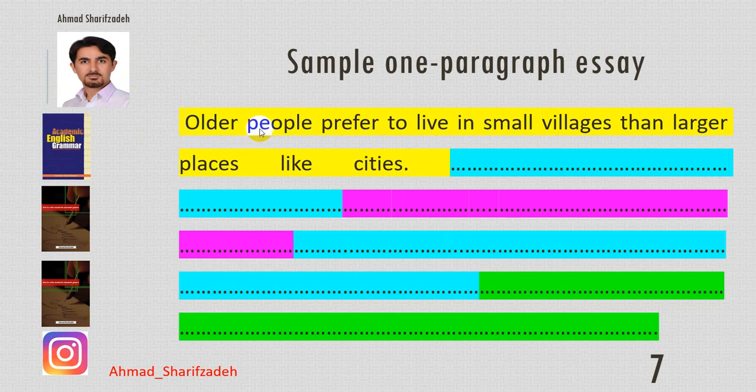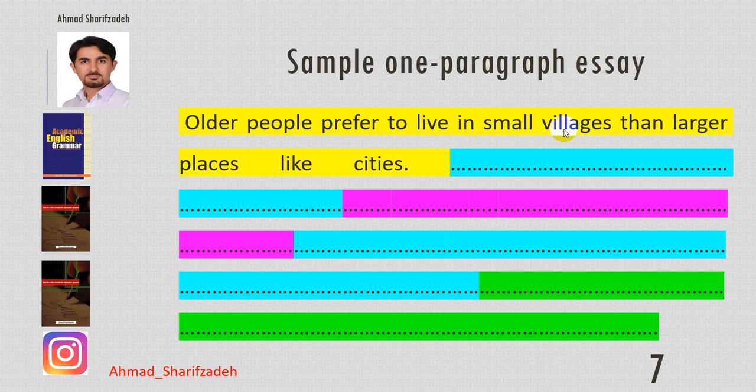At the end of the paragraph, we have a green part. You should rephrase the same sentence here and put it at the end. For example, instead of older people, you can say the elderly. Instead of prefer to live, you can use some other words.